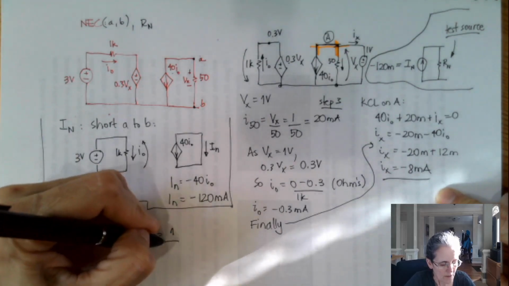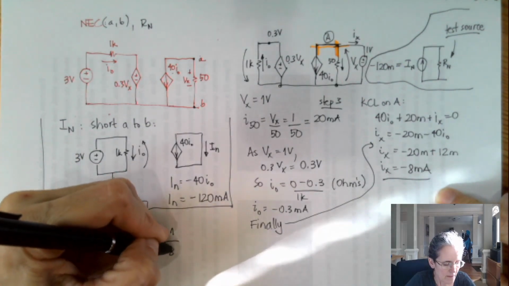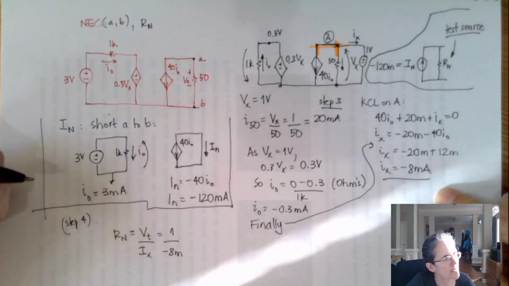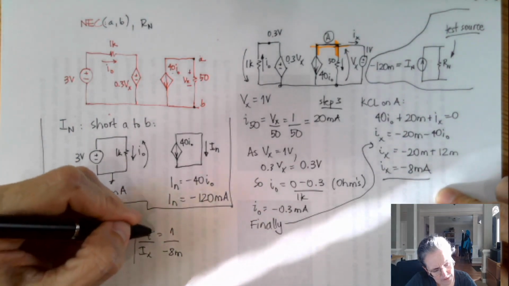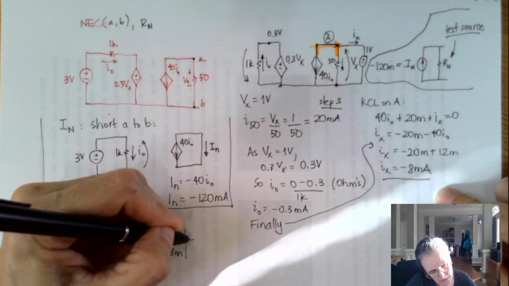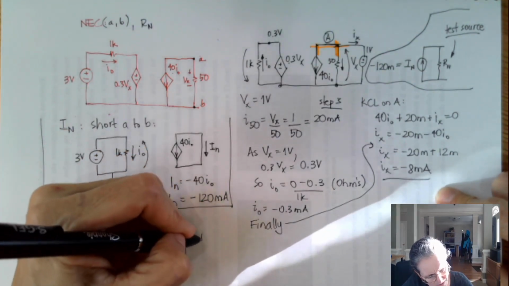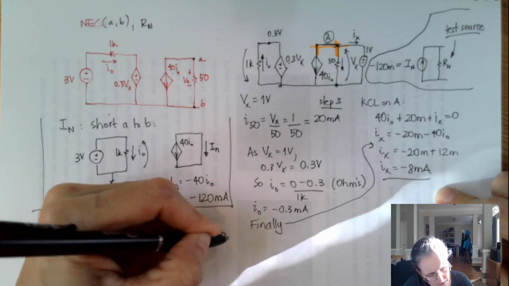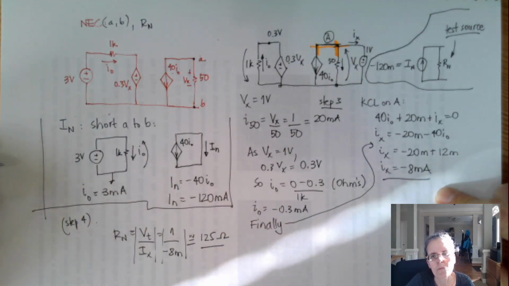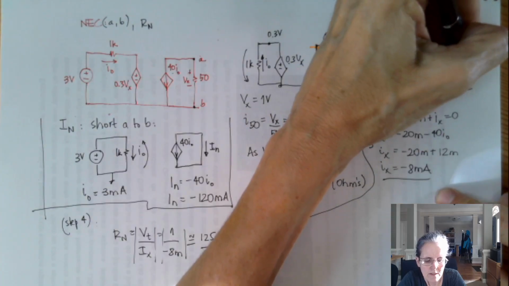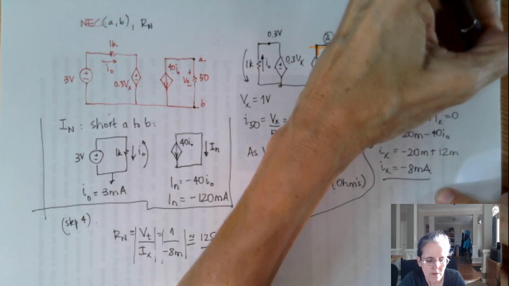I had 1. Ix is minus 8, actually it's the absolute value of this. So 1 divided by 8 milli is like 125 ohms. So RN is 125 ohms.